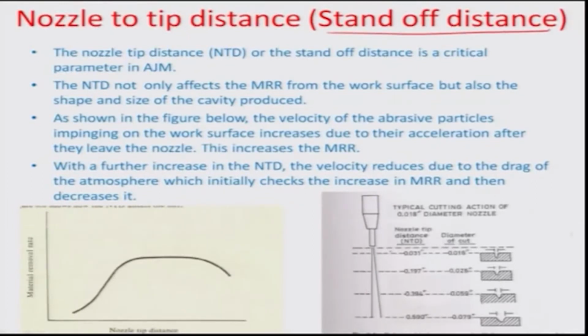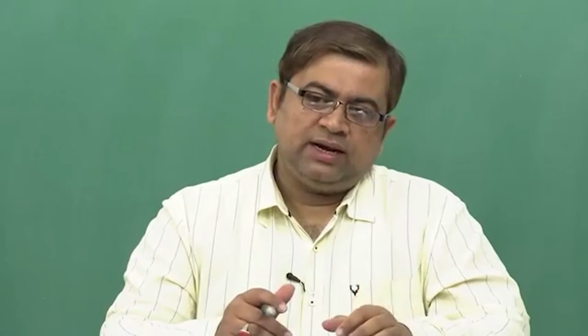And obviously, if I look at the problem intuitively, if the nozzle were too close to the workpiece, the amount of time that the abrasive would have to accelerate at a certain rate to attain full velocity would be very less.